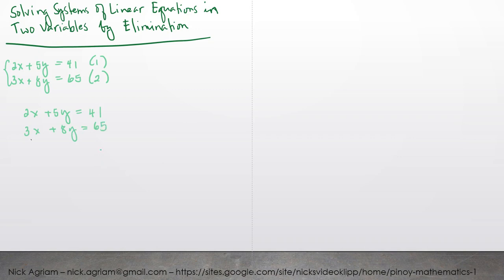I will do the easiest first, but you can do whichever. So I want to eliminate x at this time. If I'm going to eliminate x, I need to have this one negative and the other one positive, so that when I add them, it will be 0.